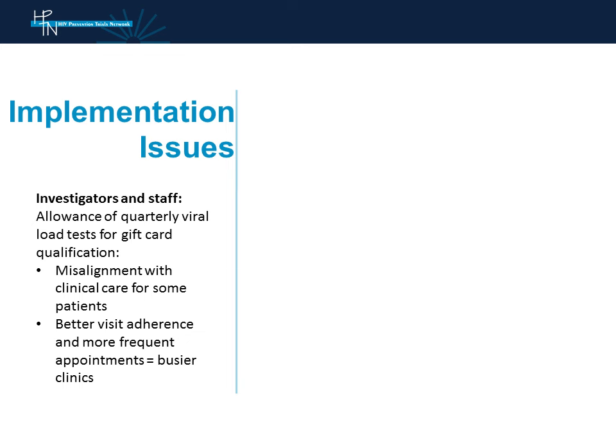So the first thing that I'm going to talk about is some of the results that we saw around implementation issues. One of the places where we saw a lot of mixed opinions from both investigators and the staff was about the fact that there was an increased number of visits. If you remember back to the beginning of the talk, patients could receive financial incentives, gift cards, on a quarterly basis.